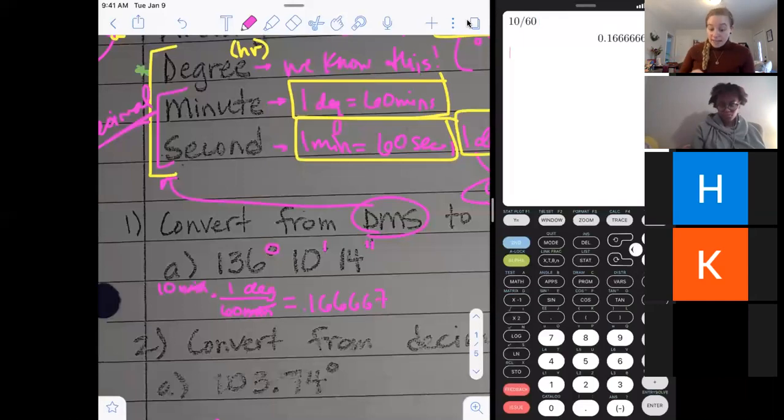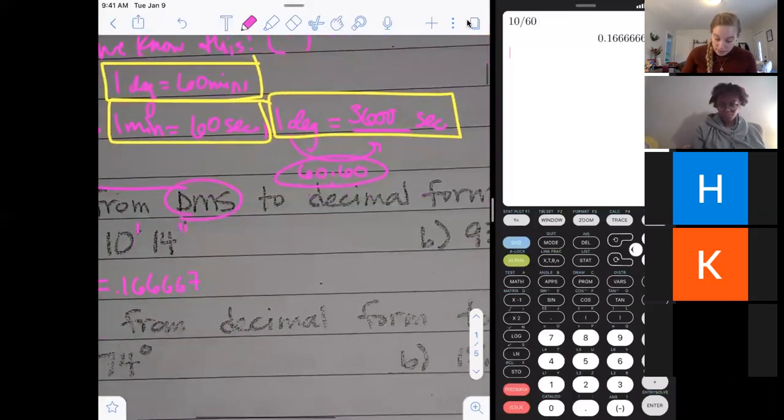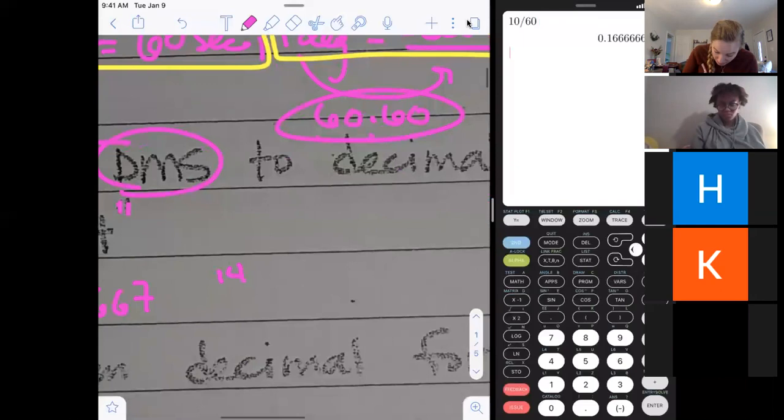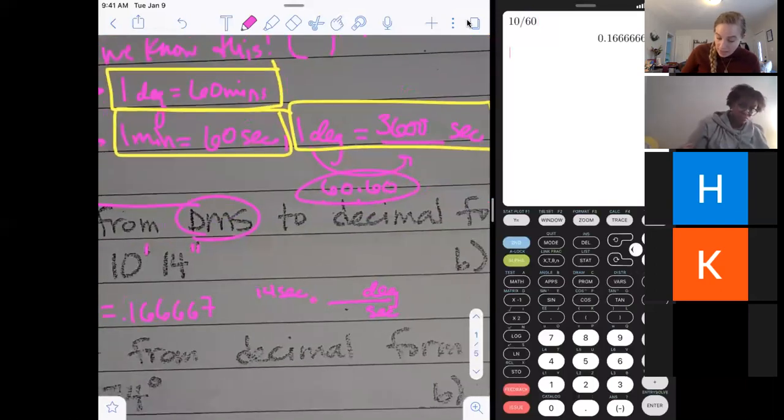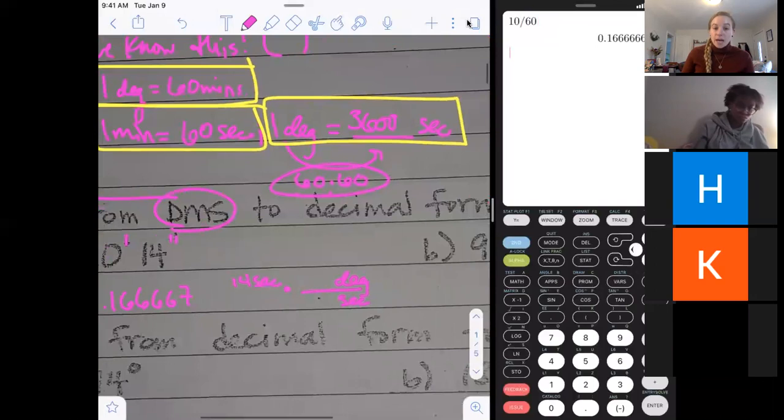Now we have to do our seconds. So now I need to make 14 seconds in terms of a decimal too. So I'm going to do 14 seconds. And I'm going to do a conversion factor where seconds is on the bottom and degrees is on the top. And as we remember, we talked about how 1 degree is equal to 3,600 seconds. So I'm going to do 1 degree divided by 3,600 seconds.